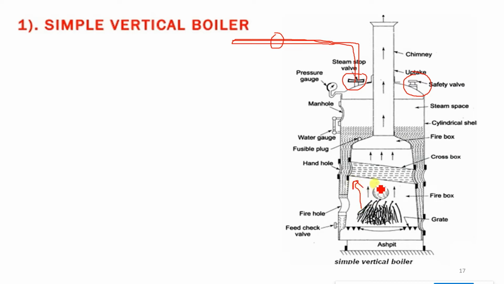Combustion is taking place in the furnace continuously, converting water into steam continuously. So at the top of the boiler, a large amount of steam will accumulate at high pressure. Safety valves are designed for a particular pressure.